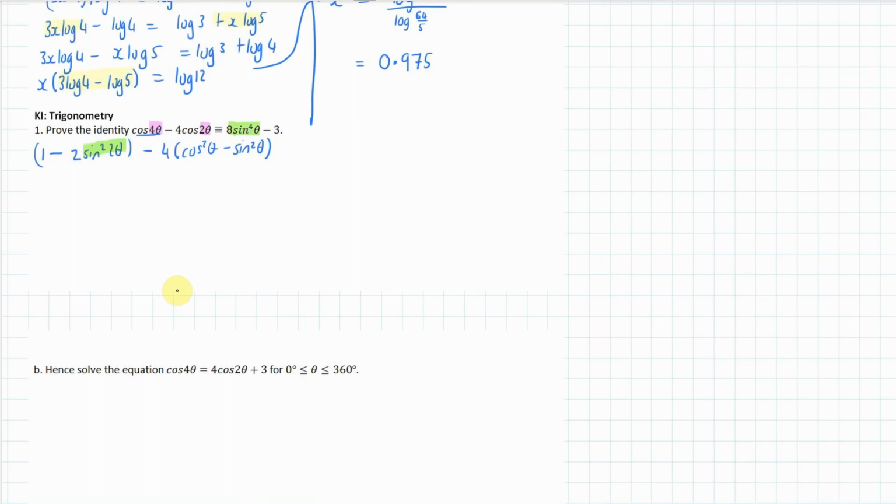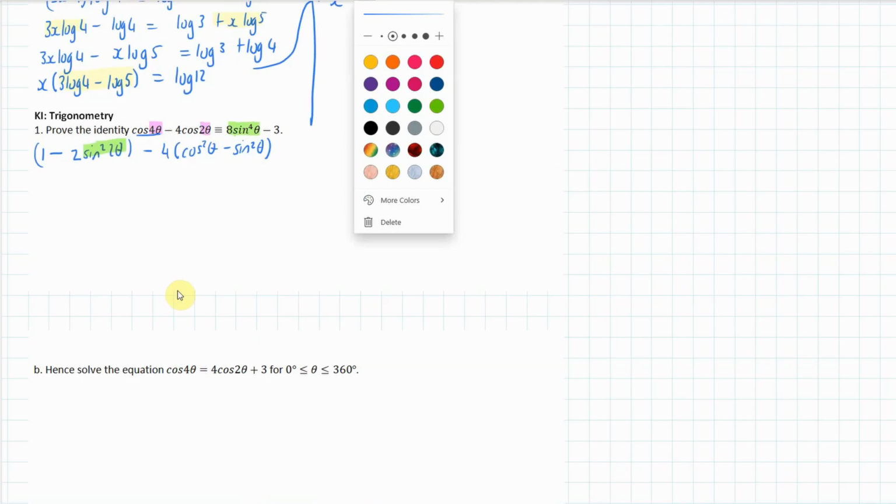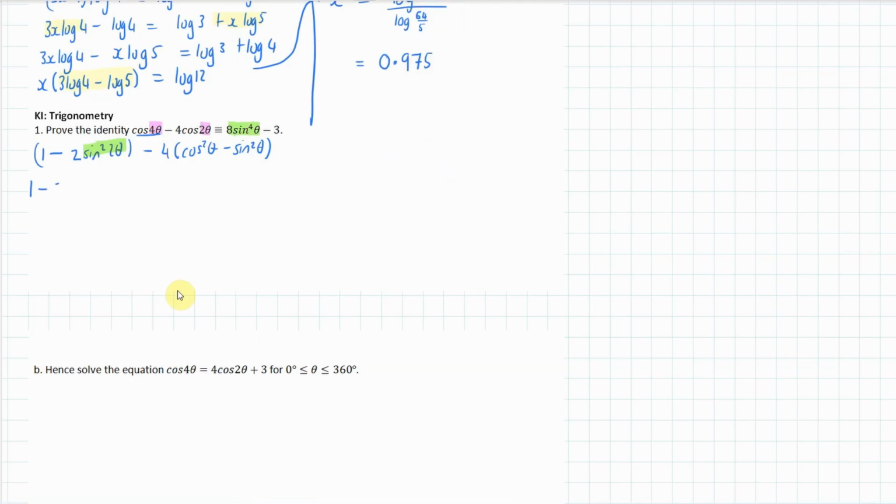Now in my second move, I'm going to go 1 minus 2, and then, what can I do here? Well, I can use the double angle rule. So I've got sine 2 theta, and then it's also times sine 2 theta. I'll come back to that.